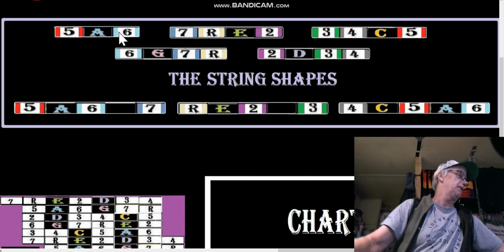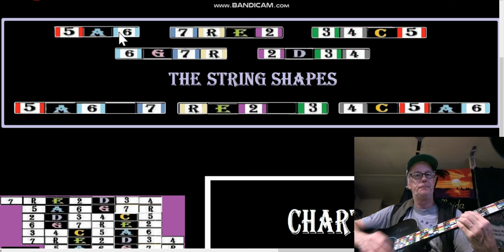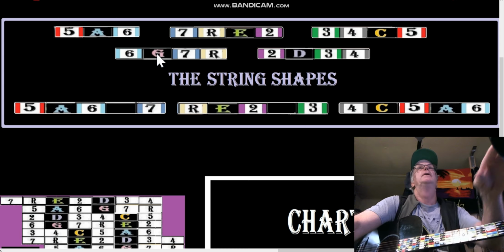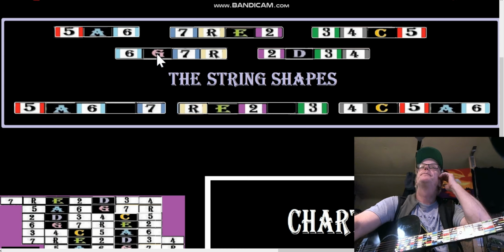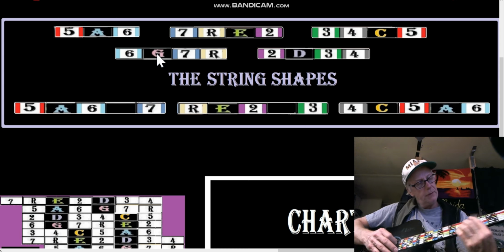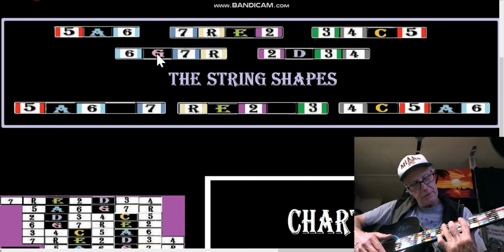That would be A. That would be the real deal A. That'd be your A here, and the A string shape would go to the G string shape there. Let's see, A. Right, I'm not looking at it properly. Yep, the G string shape would be right here.